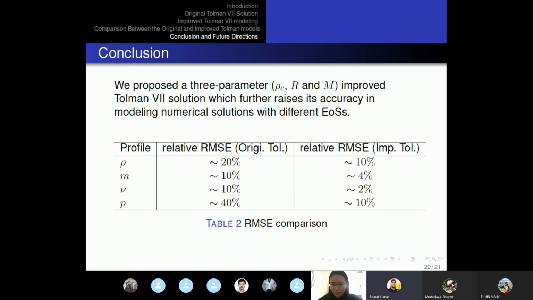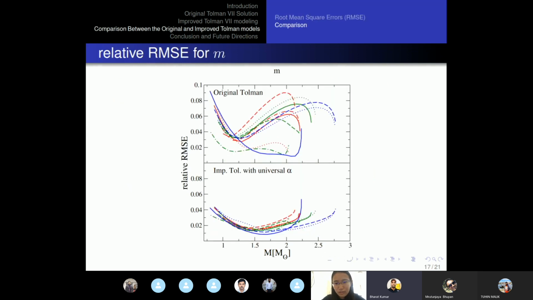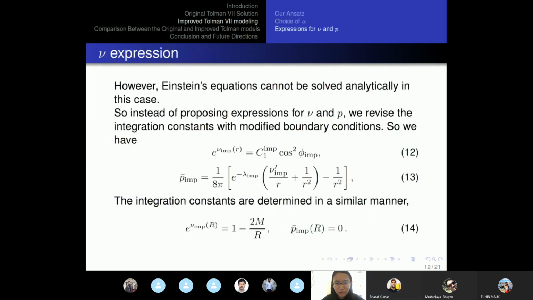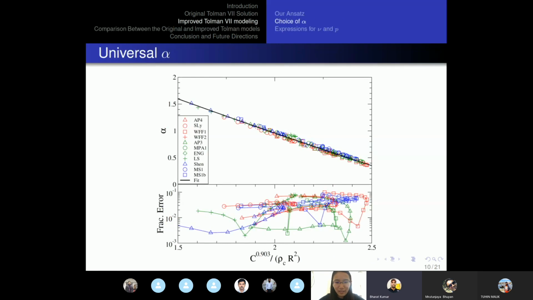Okay, so how do you fit the alpha value? You have shown some universal relation, alpha versus the compactness versus the central density multiplied by the radius squared, right? So how do you choose the alpha value from here?